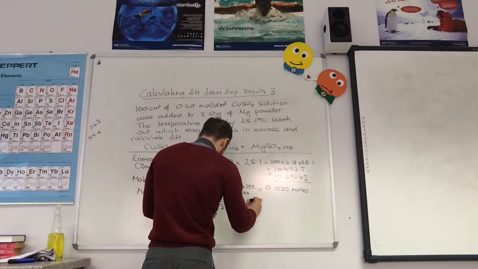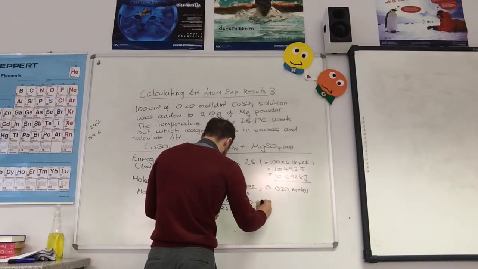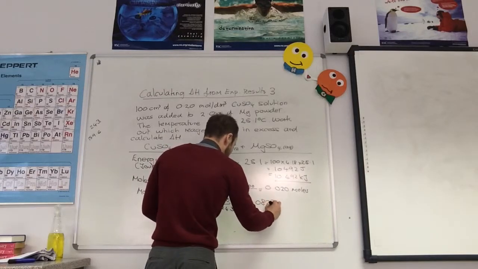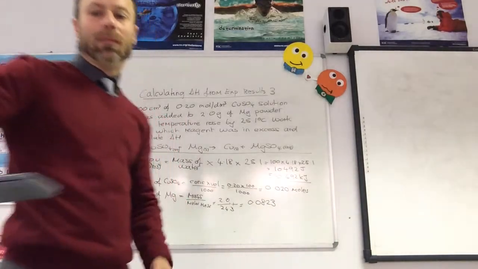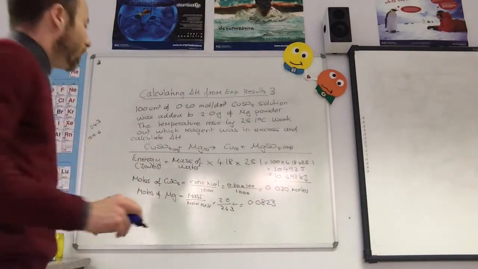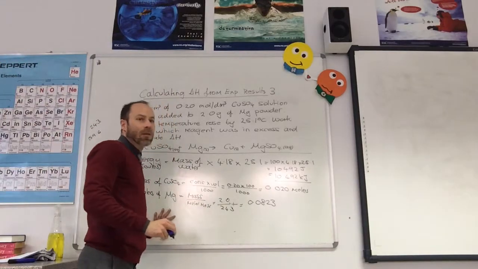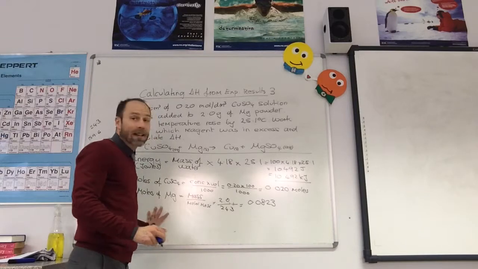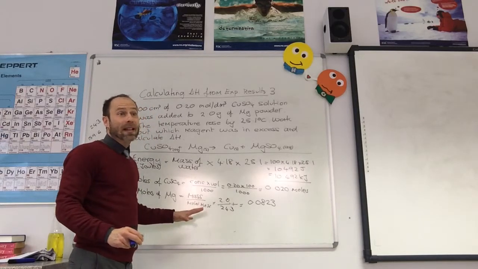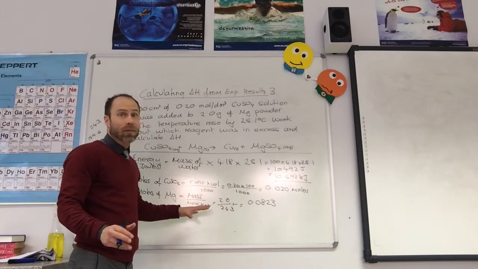That gives me 0.0823. So, which one was in excess? Which one did I have too much of? Magnesium, brilliant. So I'm not going to use magnesium because I have way too many moles of magnesium.